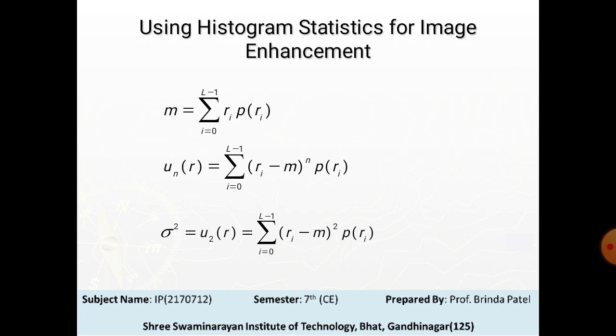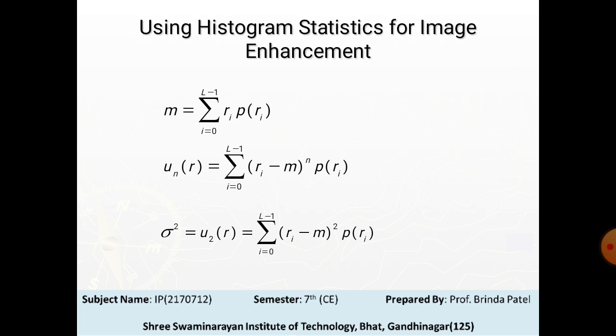Let r denote a discrete random variable representing discrete gray levels in the range 0 to L minus 1, and let p(r_i) denote the normalized histogram component corresponding to the ith value of r.